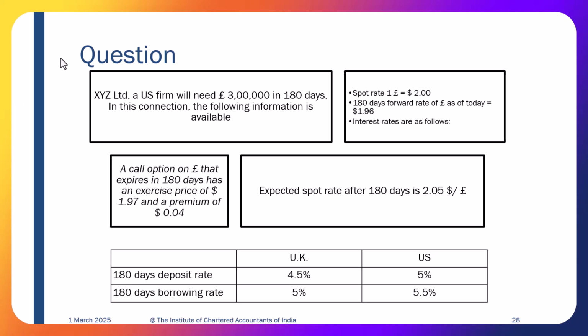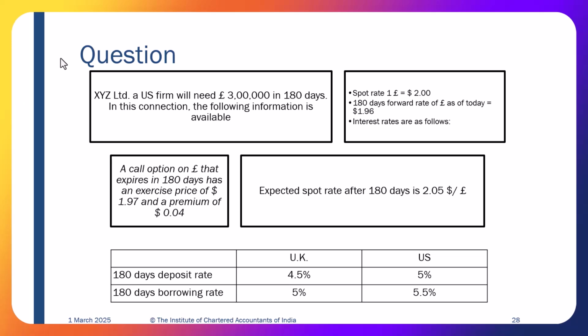Okay. Fine. Now, if the dollar goes up, suppose the dollar goes to 2.05. Assume in the question it is written 2.05 dollar. So the dollar has gone up. He is a happy man. He is sitting on a profit in his position.